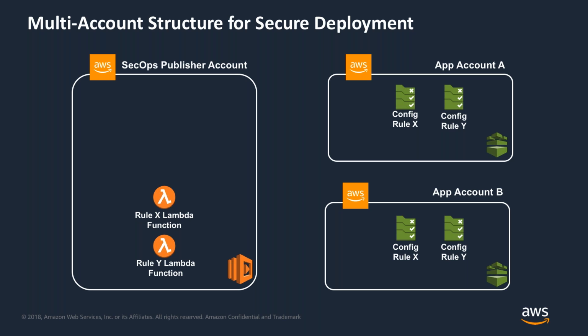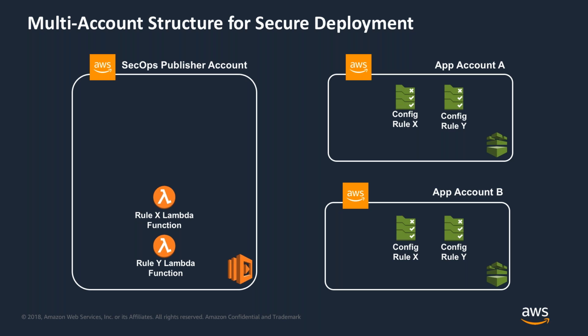The isolation of the config rule lambdas ensures that we have a tamper-proof environment where only security operations teams have the necessary access to deploy or make changes on the code for the config rule. One thing to note is that there is only one Lambda function per config rule.